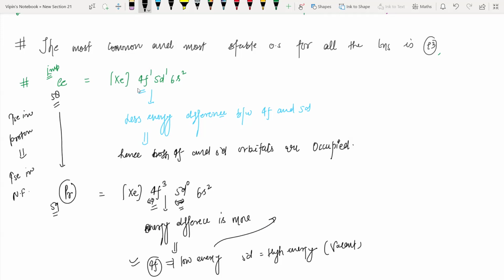The energy difference between 4f and 5d orbitals started from lanthanum and the elements before 57. Here, this effect is dominant. Therefore, the energy of the 4f orbital is much less as compared to 5d, so electrons are going to enter the low energy orbital, that is the 4f orbital.